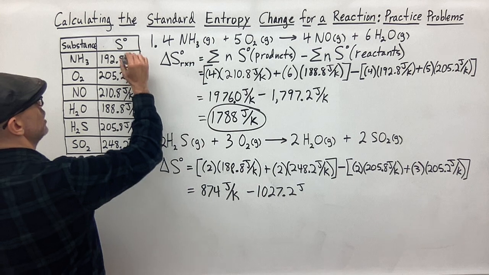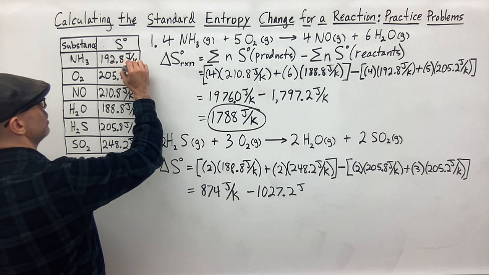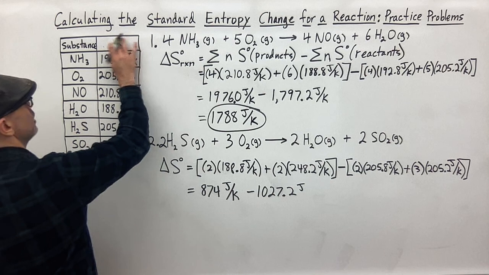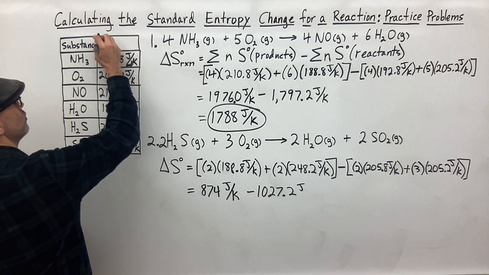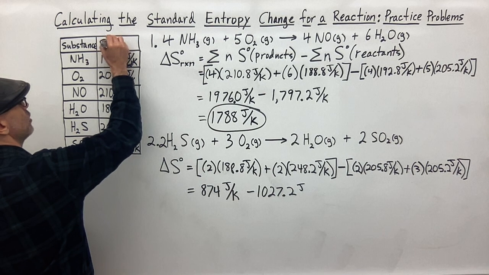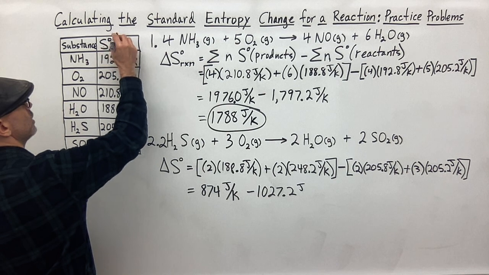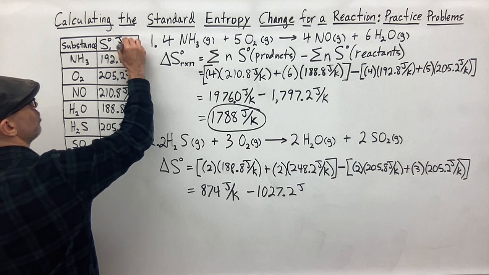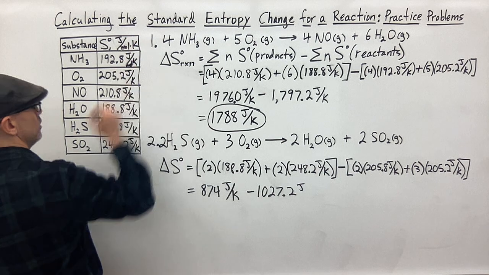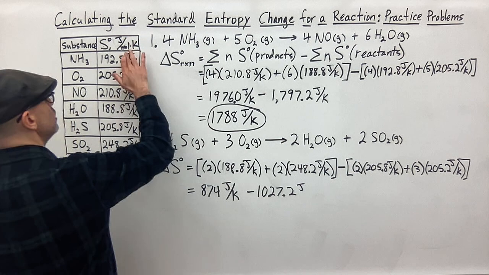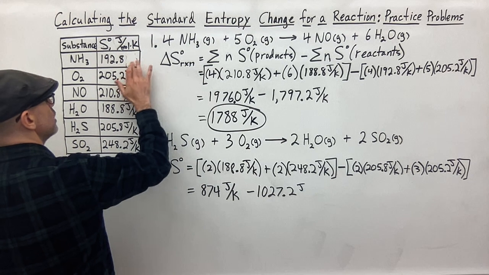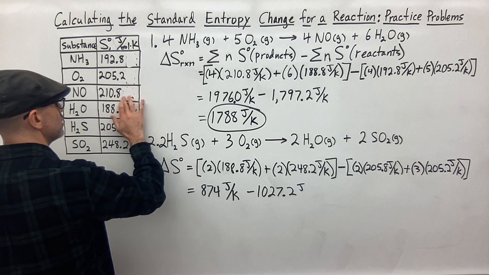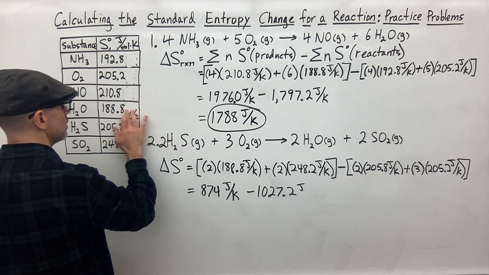So this should be joules per mole Kelvin. So let me fix it here. So the standard S is going to be in joules per mole Kelvin. So let me erase this. That'll be the easier way to fix it.